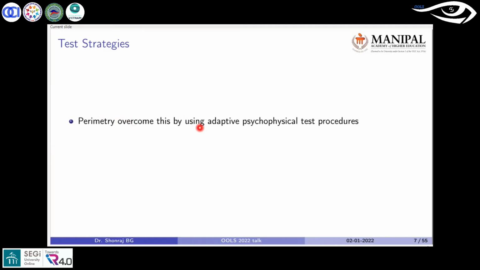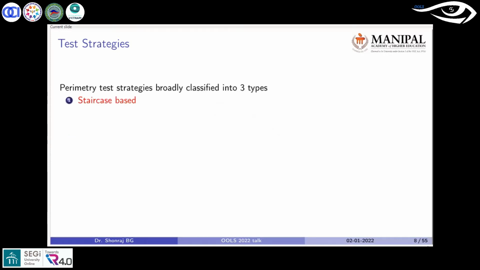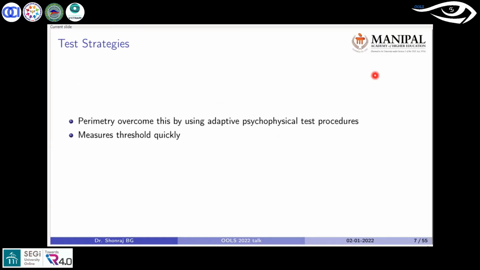So we overcome this by using what we call adaptive psychophysical test procedures. We use these adaptive psychophysical test procedures to shorten the test time and to get the threshold values very quickly. So the first issue is that you want to measure differential light sensitivities at different locations in your visual fields.